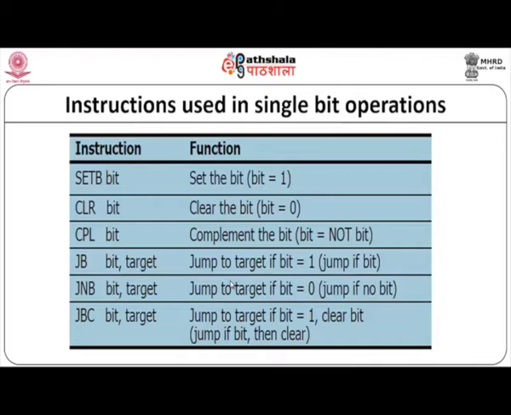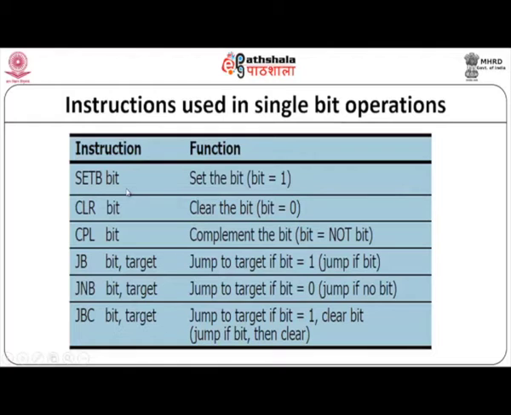But now we need to know that not only the port, a single bit can also be addressed or processed in this 8051. This can be done through statements like SETB, which tells you that whatever the bit is, for example if I am making it P3.1, then SETB P3.1 says that P3.1 equals 1.